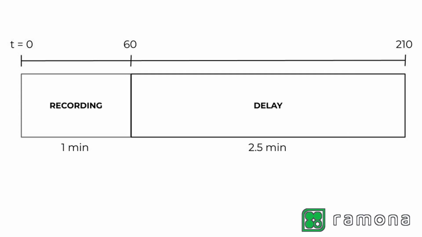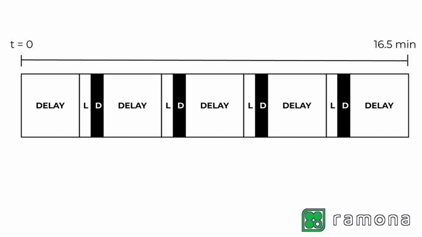With a 210-second period, we have taken up the first 60 seconds with our initial recording, leaving the next 150 seconds, or 2.5 minutes as the next light phase delay. When we repeat this 4 times, this is the overall layout of light and dark phases. Overall, we have a total assay duration of 16.5 minutes with 4 1-minute video acquisitions distributed throughout this time period.